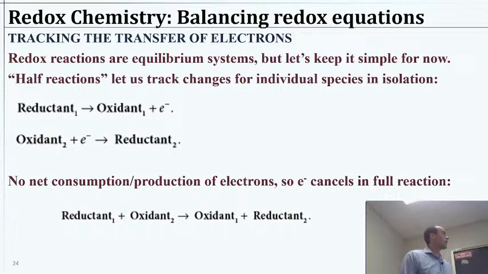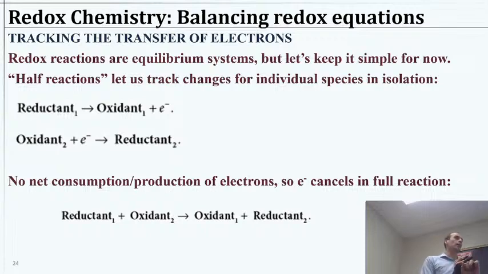Okay, I'm going to wrap up for today on this slide and say, when we look at a redox reaction, we're going to look at it in halves. We will take a half reaction approach. That lets us keep it simpler to look at what's happening with one particular piece of the reaction and a given electron transfer, one piece at a time.